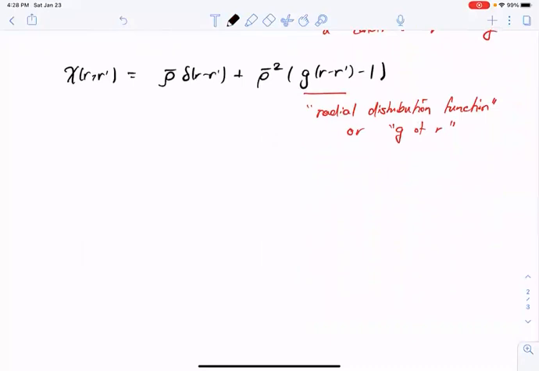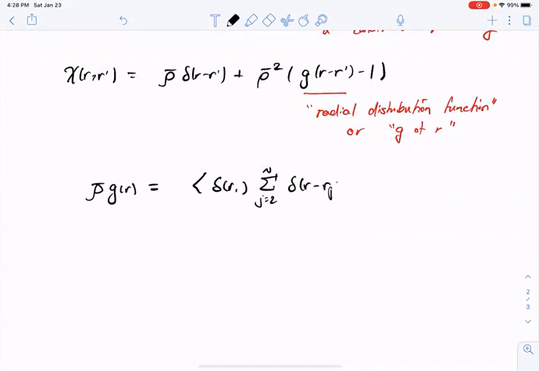So it was defined as rho times the g of R was equal to a delta function of R1 times the sum over j from 2 to n, a delta function constraining R to be Rj, divided by the average of delta R1.